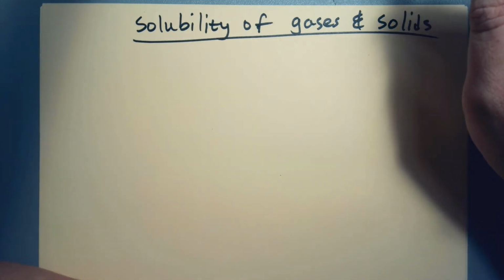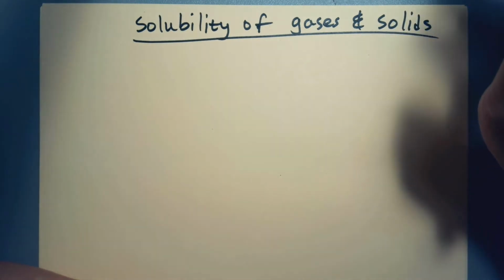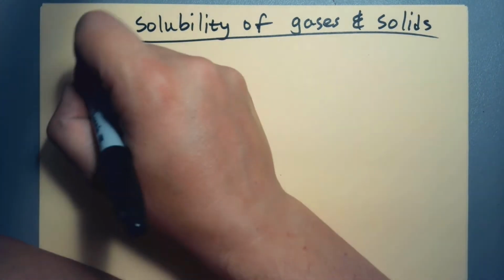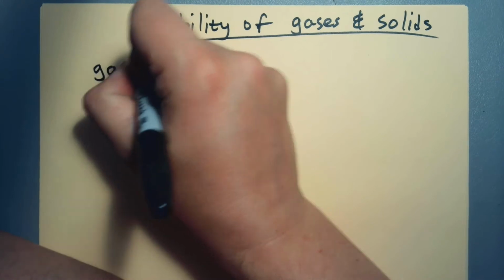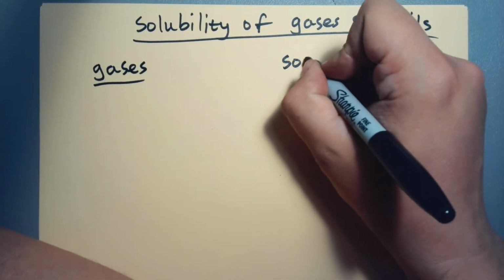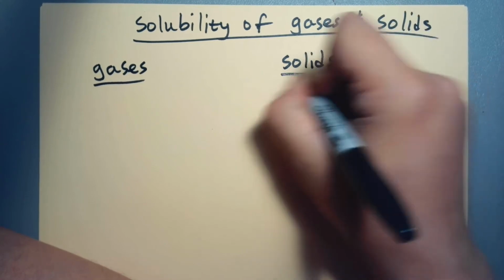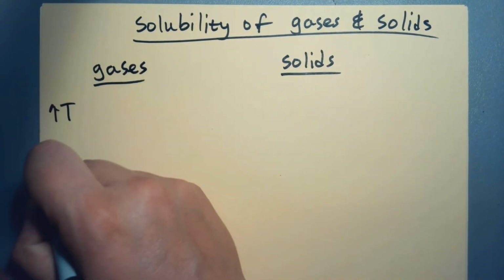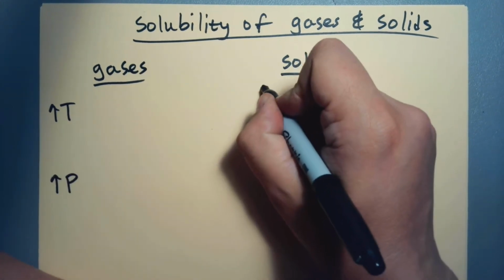There's different rules depending on what we're talking about with a solid or a gas. But what it boils down to is, first we have to worry about which one we're talking about, whether it's a solid or a gas. And we're going to mess with temperature, and we're going to mess with pressure.